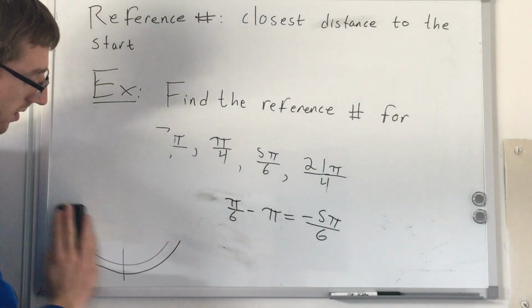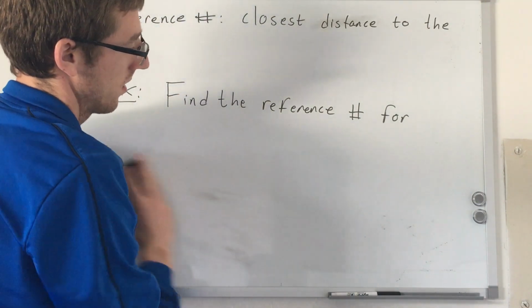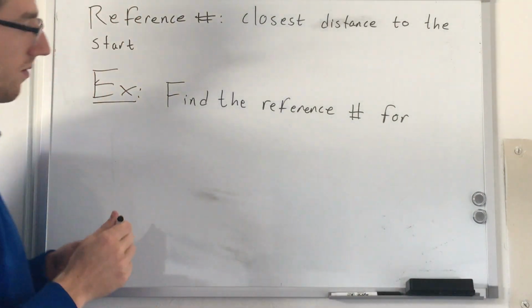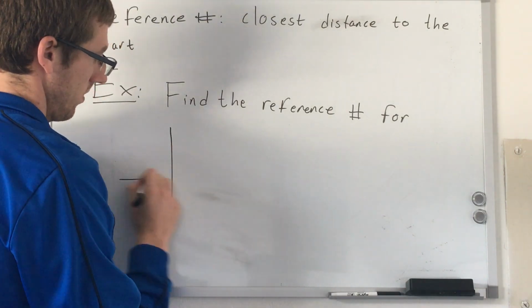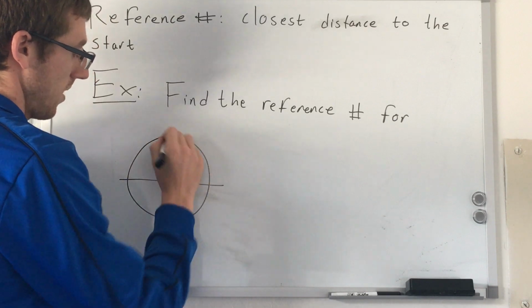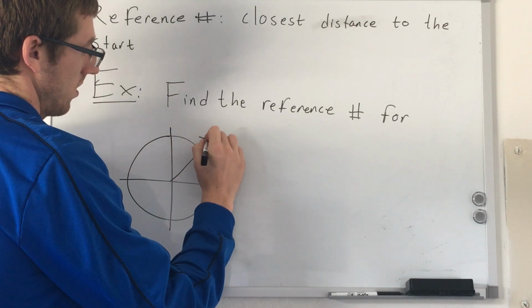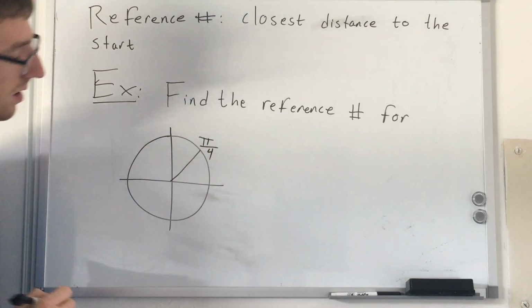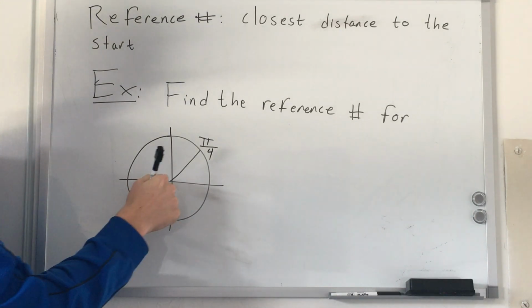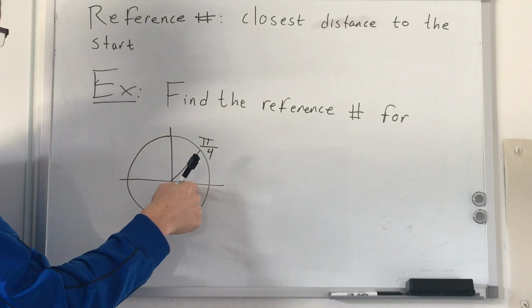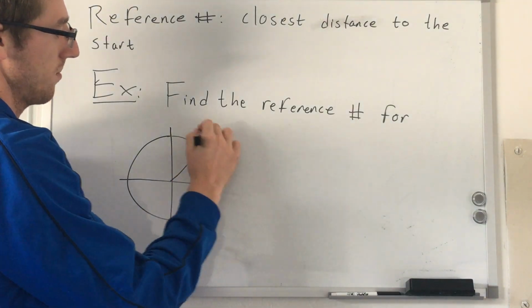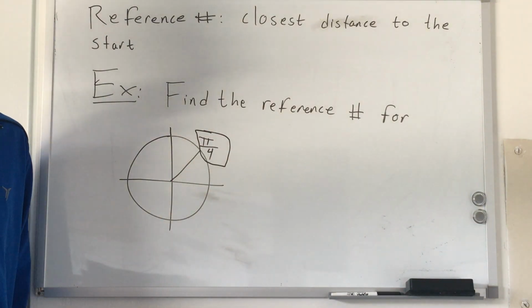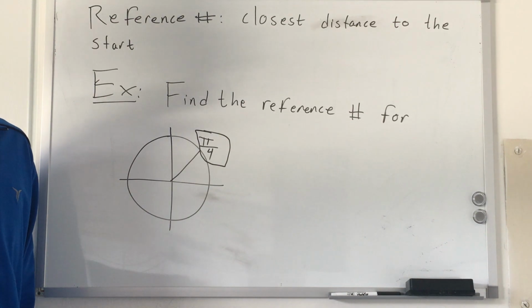So π over 4. Here's our unit circle. π over 4 is an easy one. If we're at π over 4, how far away am I? Well, I'm just π over 4. So the reference number for π over 4 is just π over 4. It's not bad, right?